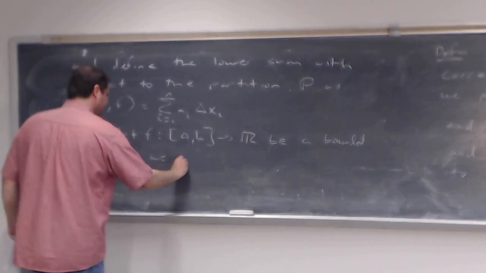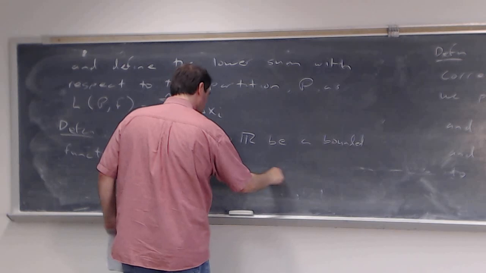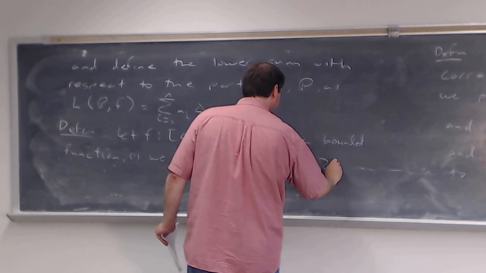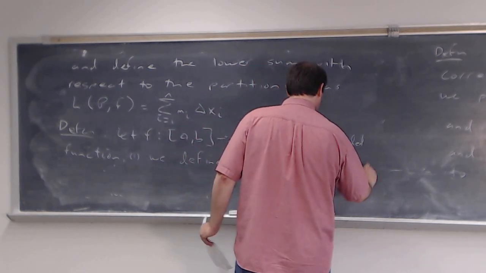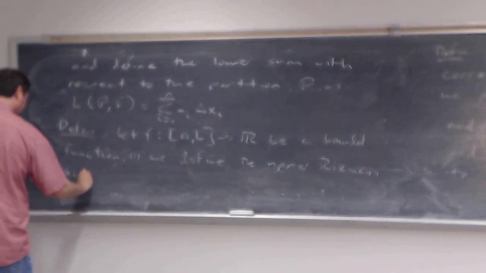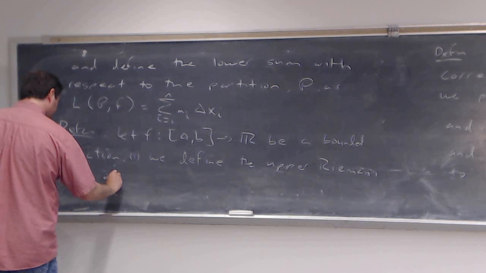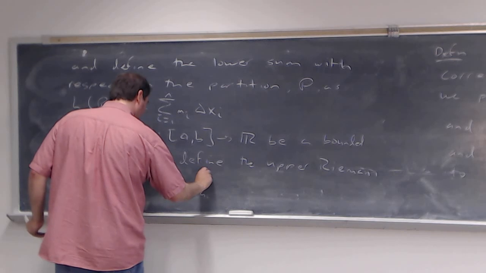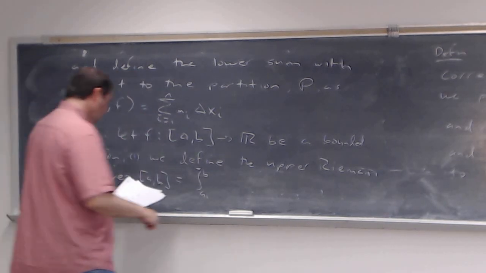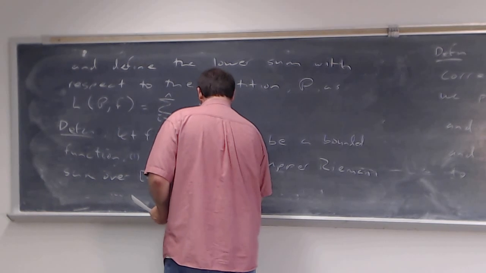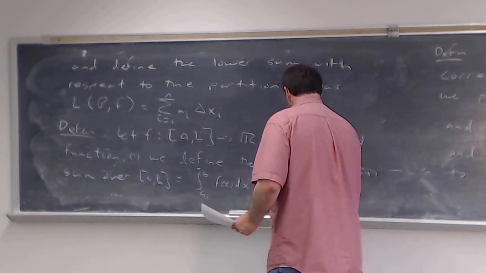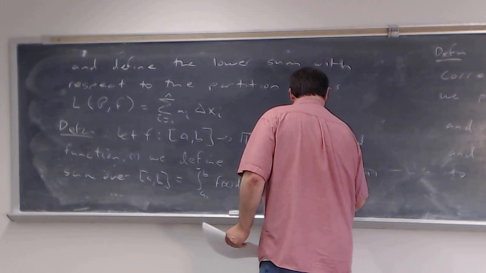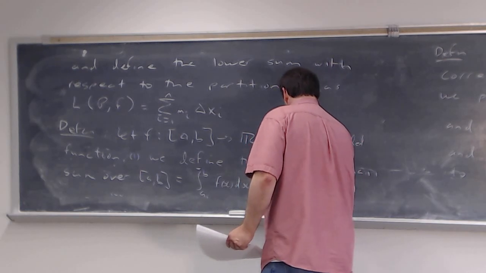One, we define the upper Riemann integral over [a, b], denoted by the integral from a to b with a superscript bar of f of x dx, and that's equal to the infimum of all the upper sums U of P, f, and that infimum is taken over all partitions.